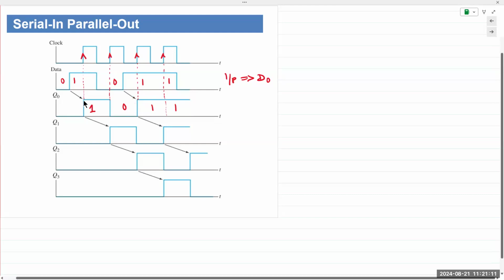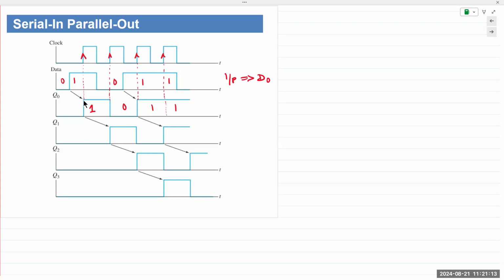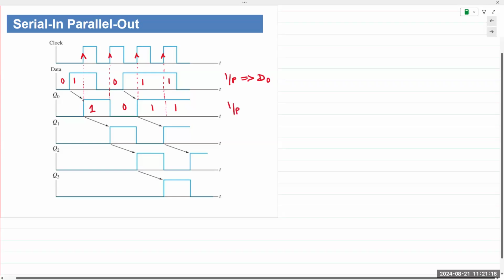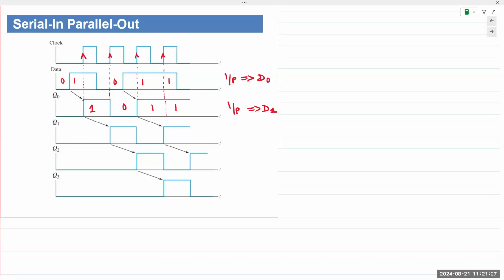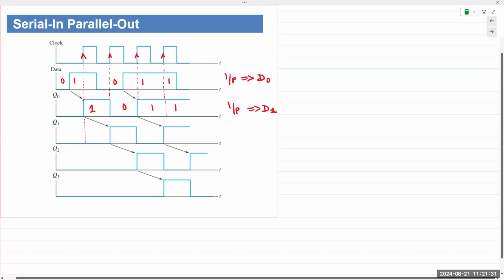But the output of Q0 is fed as input to D1. And so we have to look at what happens at the output for Q1.